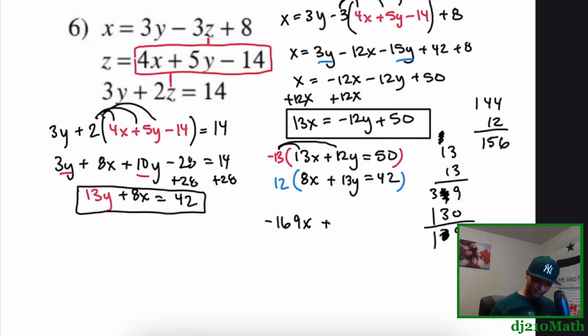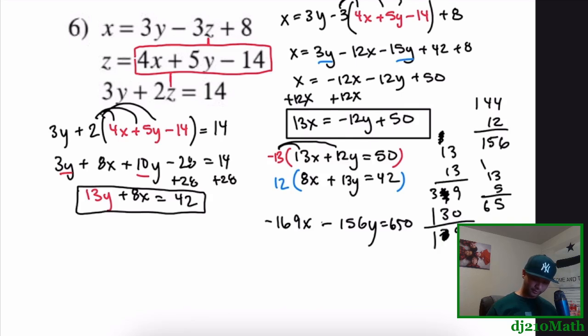So that's going to be 156. It's negative 156y equals 13 times 50. So that's going to be 650.